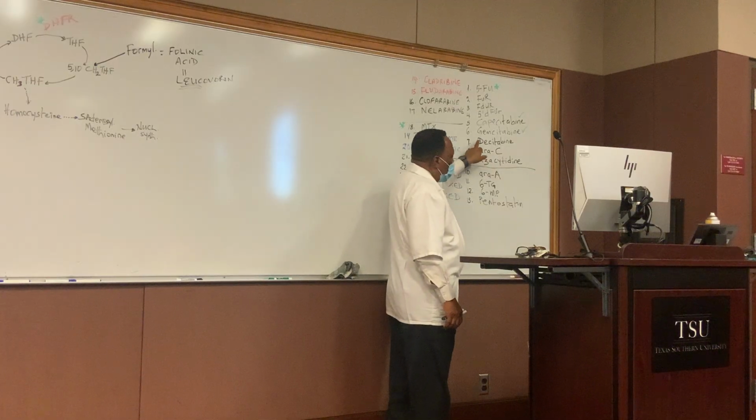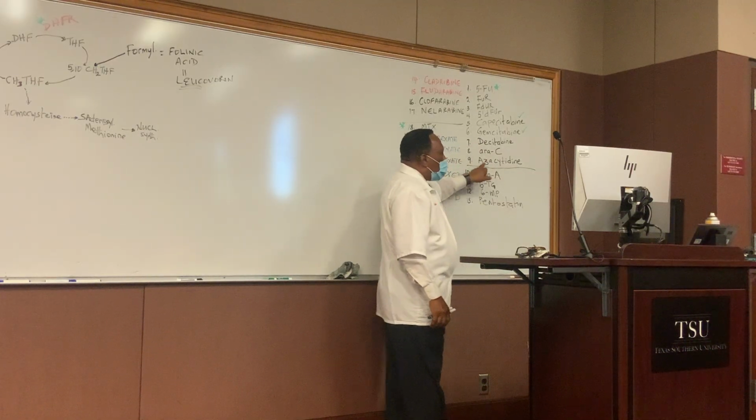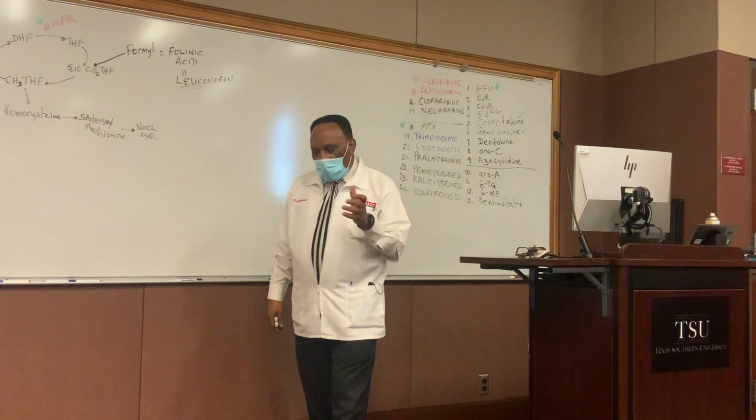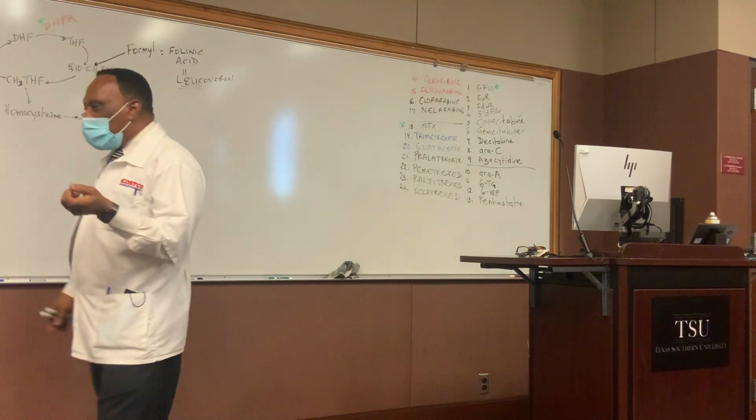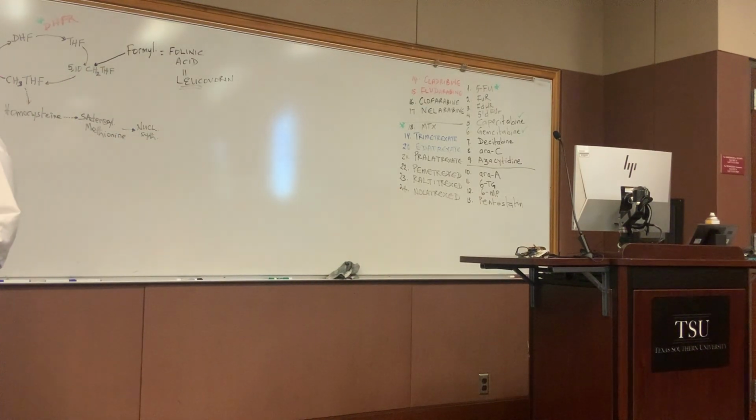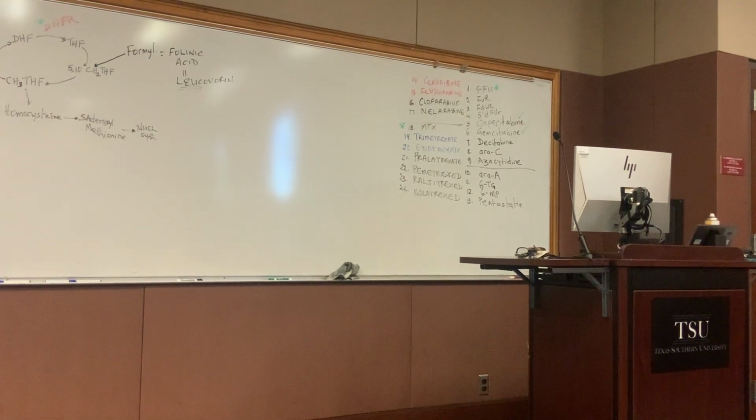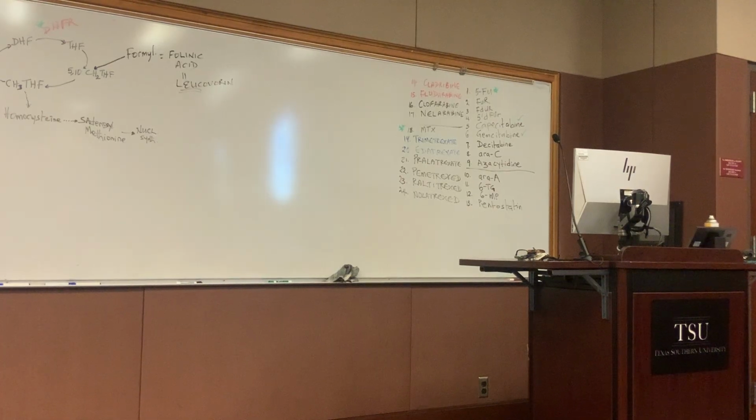Decitabine and azacitidine. Those are actually chemically related drugs. They're chemically related drugs. Azacitidine is used for, and I should say azacitidine and your decitabine. They're used for basically the same thing.